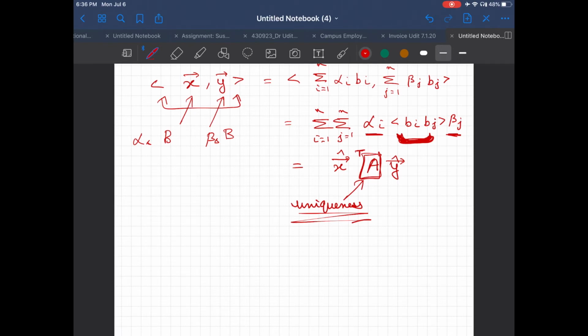Now we learned that for any bilinear mapping to be qualified as an inner product, it needs to be positive definite, as was the case for norm.